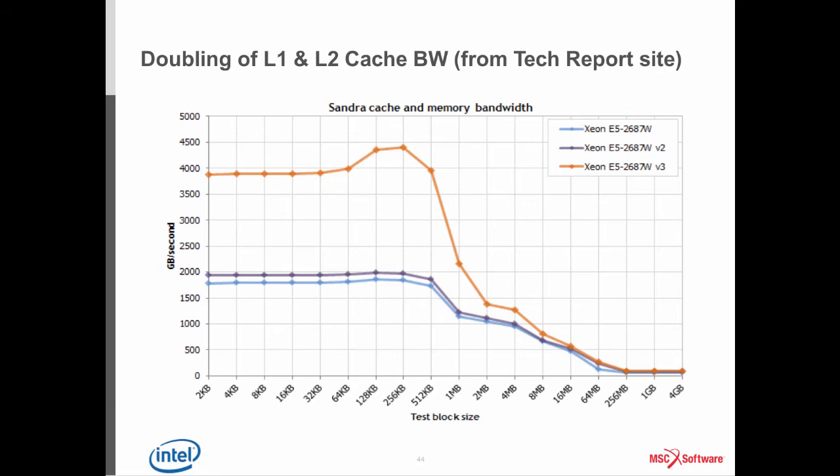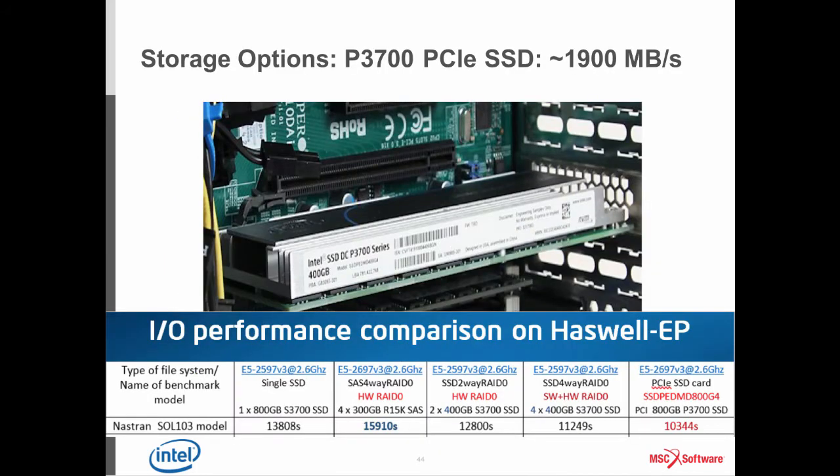And Haswell, in order to support these vector instructions and all the fused multiply and add, etc., now has a doubled L1 and L2 cache bandwidth, and this is indicated in the diagram shown here. So as you change your block size, the gigabytes per second goes down because you end up operating out of cache.